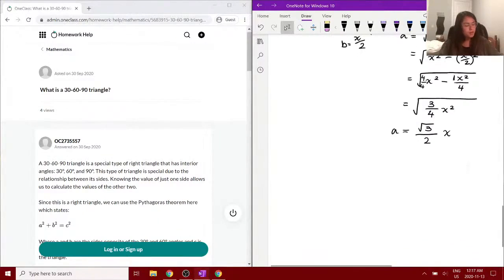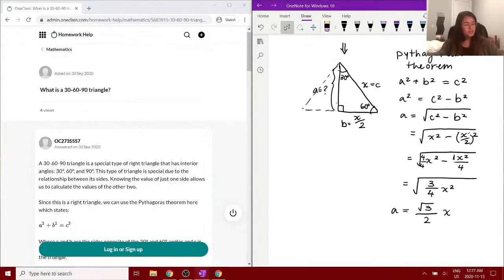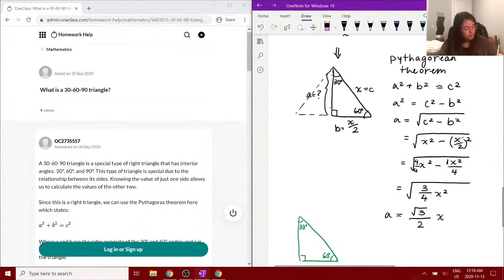So now we have our completed triangle from up here, right? We know what side length a is now. So let's draw our final known triangle, okay? So if we have 30 degrees, right angle, and 60 degrees, we knew from before that this side is x.